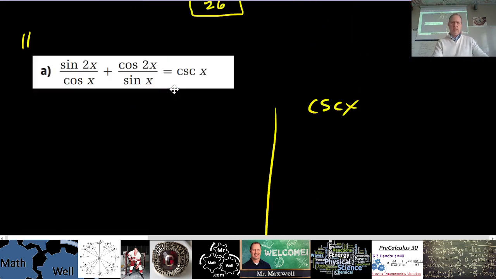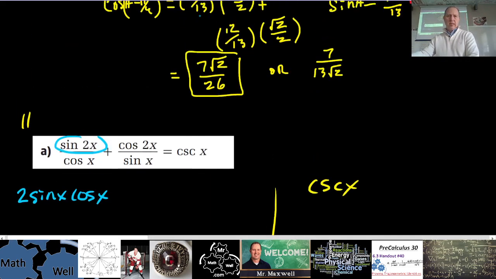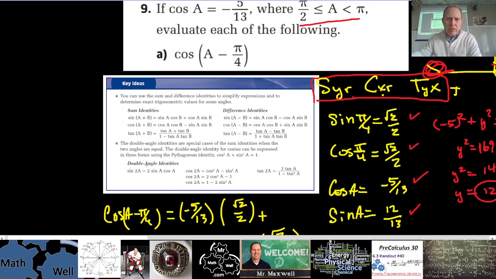I think I like that. Let's try that. So sine of 2x is the same as sine of 2a, so that's 2 sine x cos x.